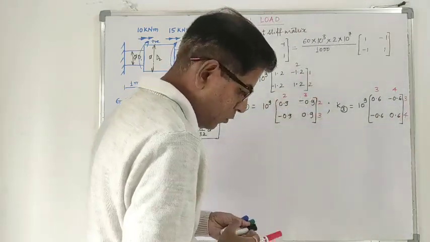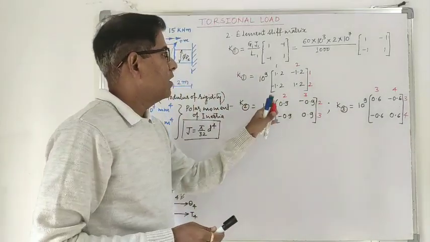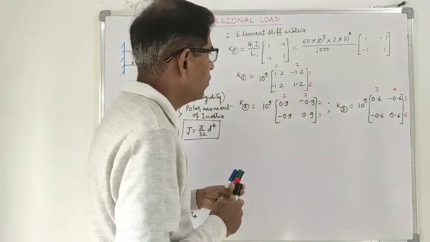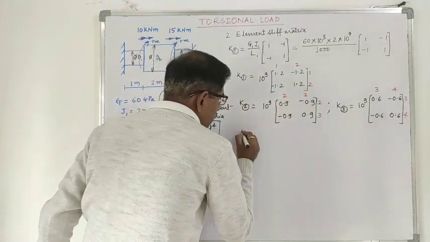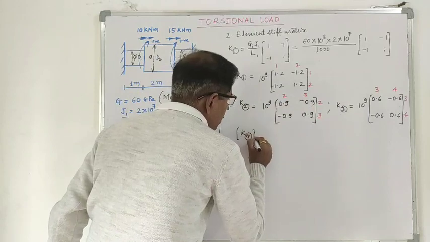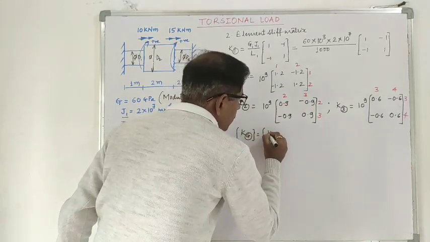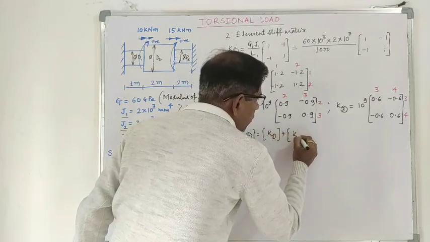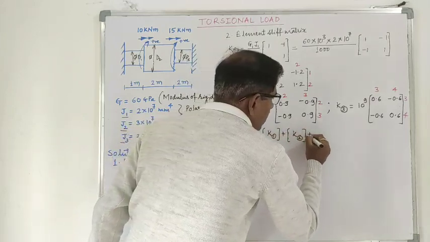Now you combine the element stiffness matrices 1, 2 and 3 to find out the global stiffness matrix. So the global stiffness matrix is equal to K1 plus K2 plus K3.